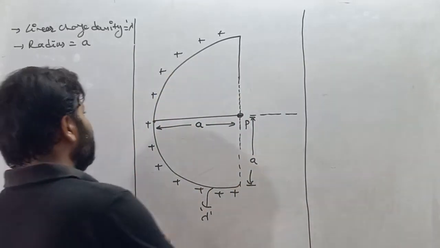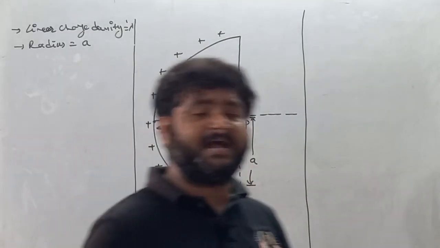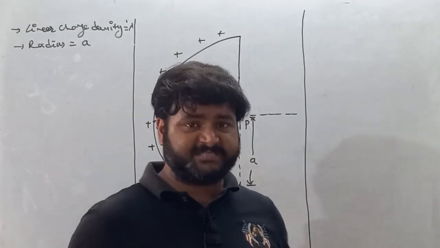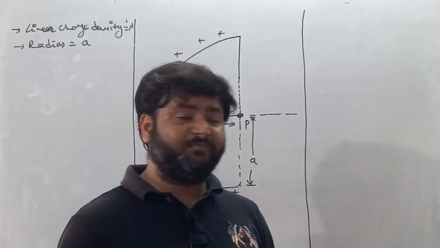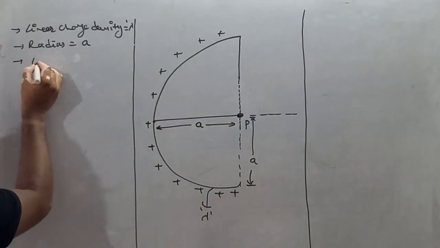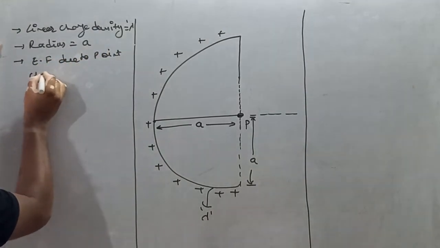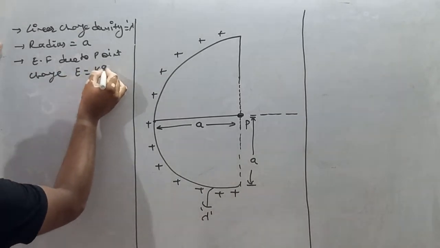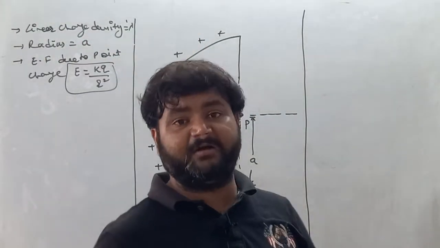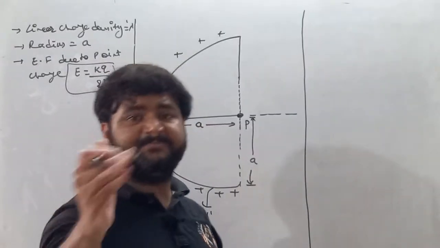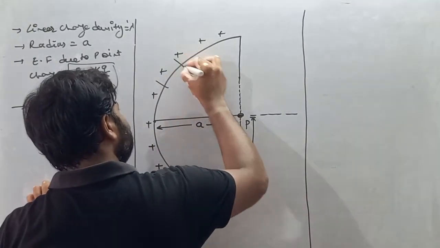We know that the charge present on this semicircular arc is basically continuous charge, and we only know the value of the electric field due to a point charge, which is kq by r squared. But the charge present on this semicircular arc is continuous charge. So consider a small length like this.